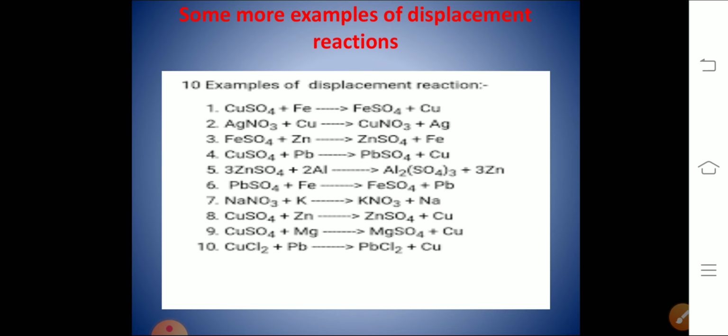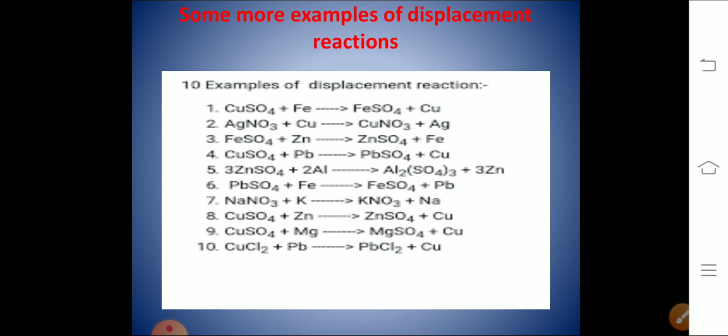Now these are the examples of displacement reaction. Copper sulfate plus iron gives ferrous sulfate plus copper. Silver nitrate plus copper will give copper nitrate plus silver. Iron sulfate plus zinc will give zinc sulfate plus iron. Copper sulfate plus lead will give lead sulfate plus copper.